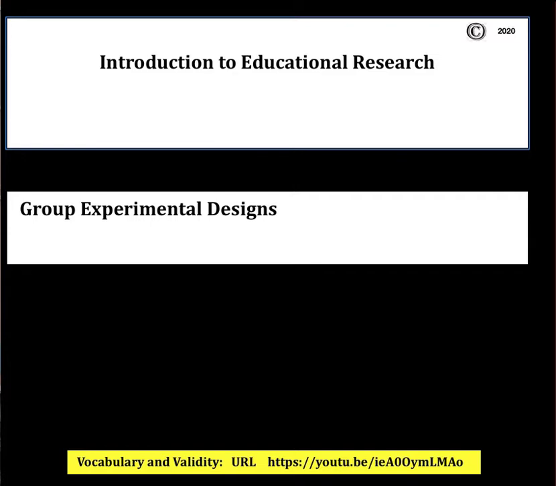They're trying to develop a canon of knowledge that will be of use to all educators. They need to use research designs that have good internal and external validity and produce research results that can be trusted and can be generalized to schools.